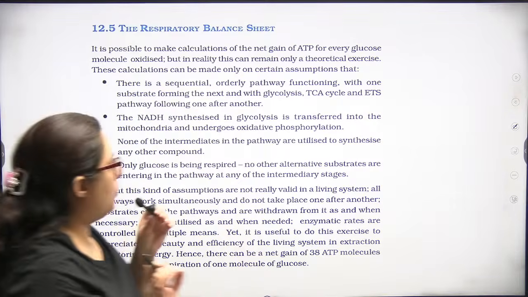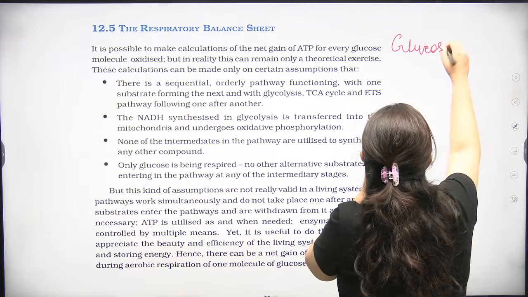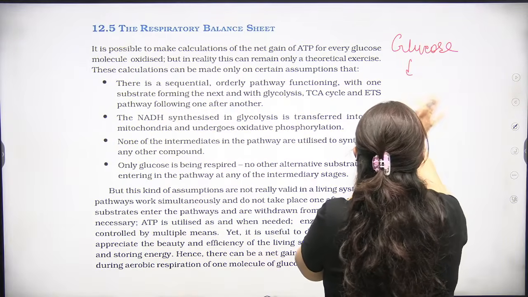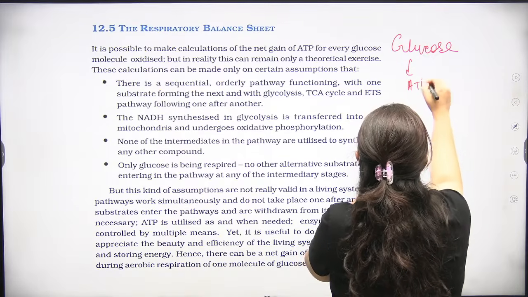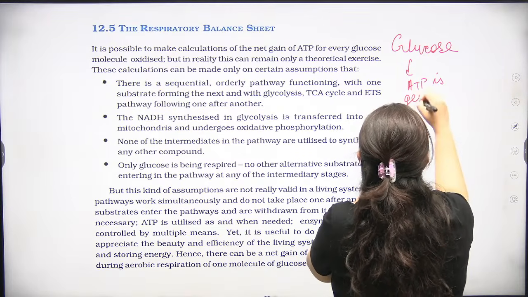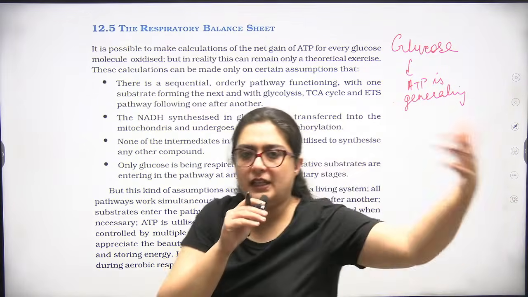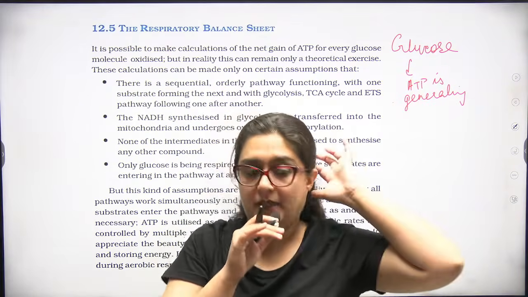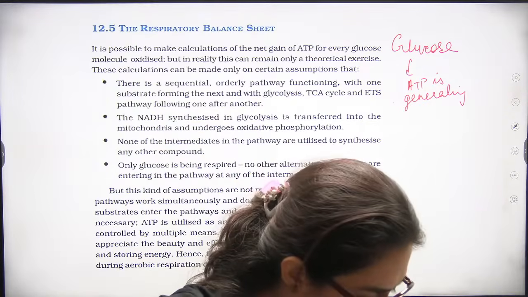Now we very well know that if glucose is oxidizing, ATP is generating. So in every step, either ATP is generating, ATP is releasing, or some derivatives of ATP are there.